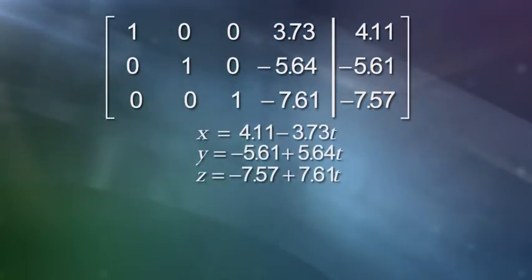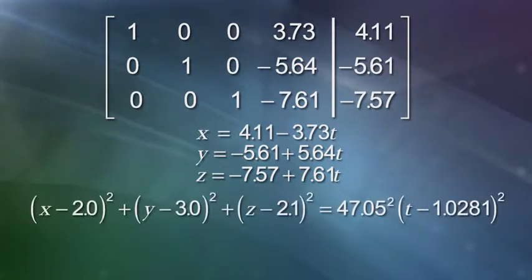Now, if t is chosen freely, we'll obtain a solution to the 3 linear equations. But to satisfy the original 4 nonlinear equations, we need to plug this into one of those equations. Suppose we plug these expressions into the equation from the first satellite. Then what you'll get is a quadratic expression in time, which can be solved using the quadratic formula.